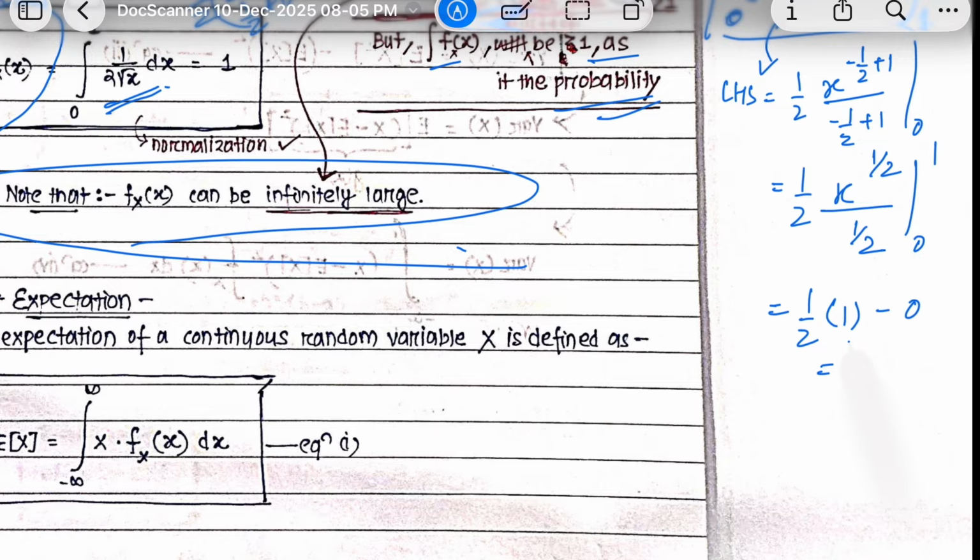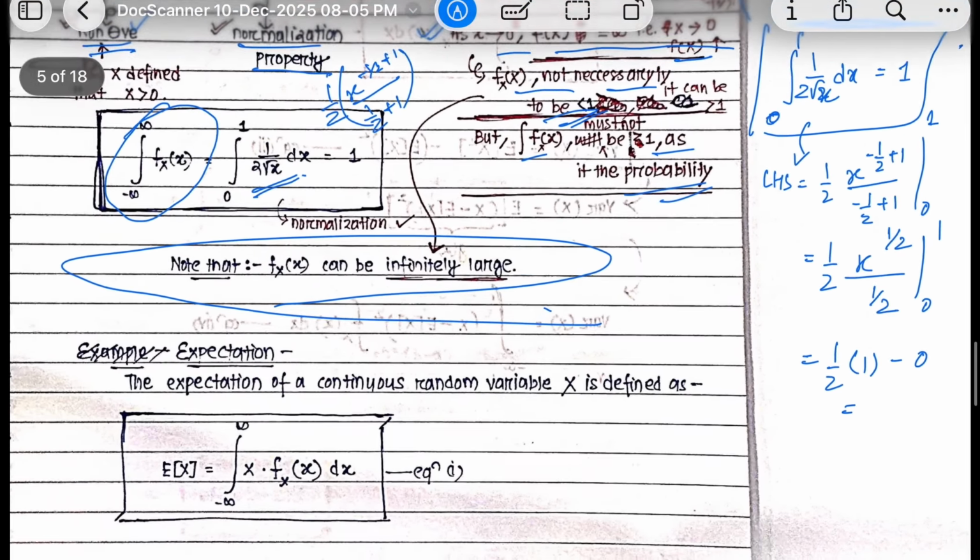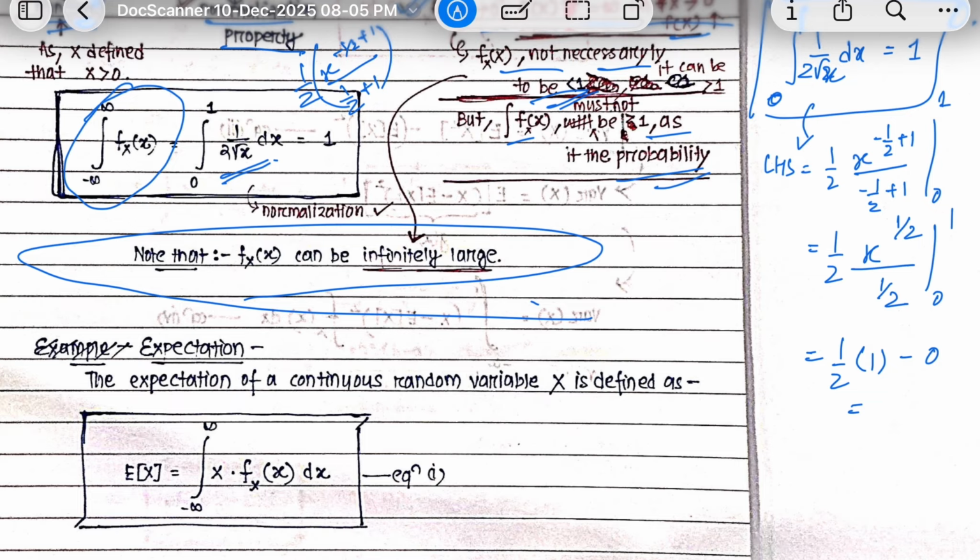You must check this value and write it down.